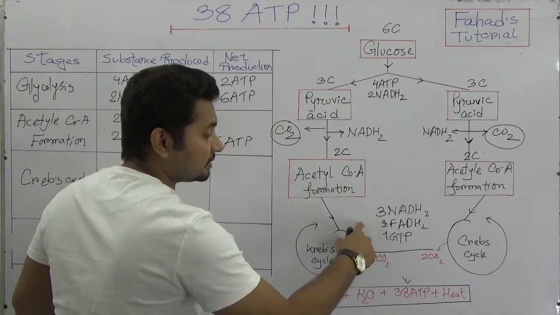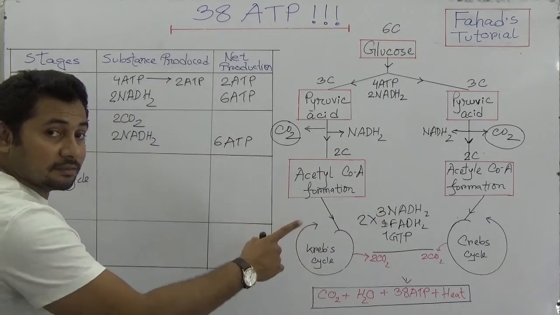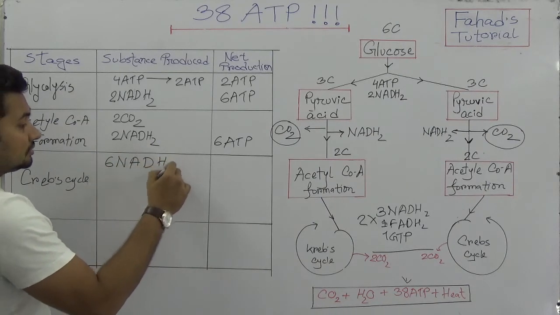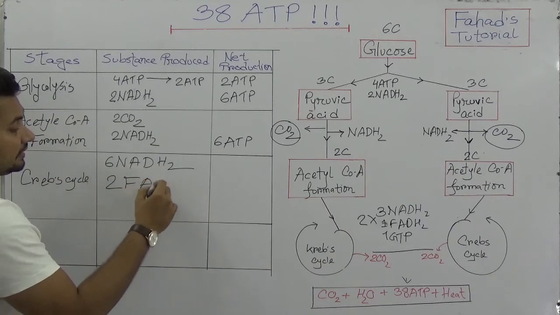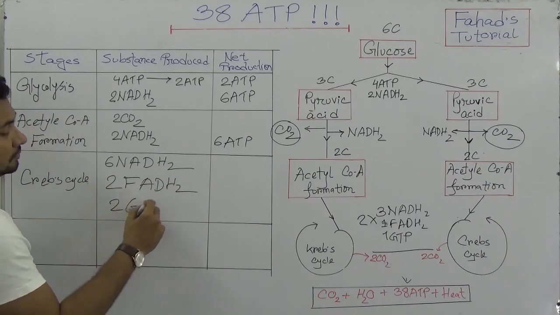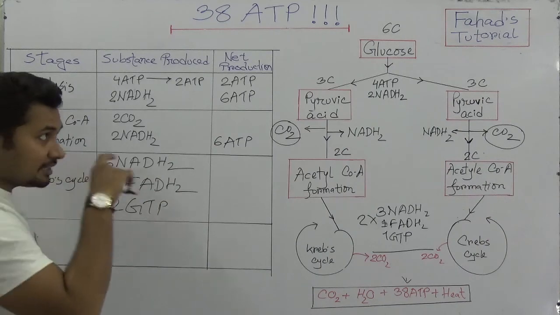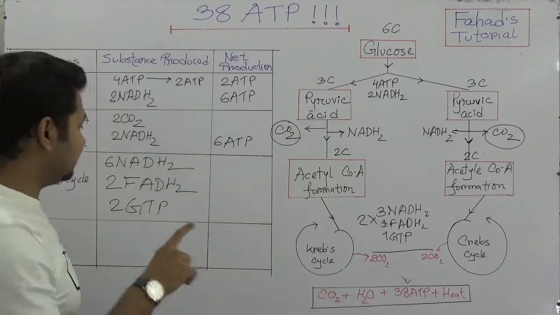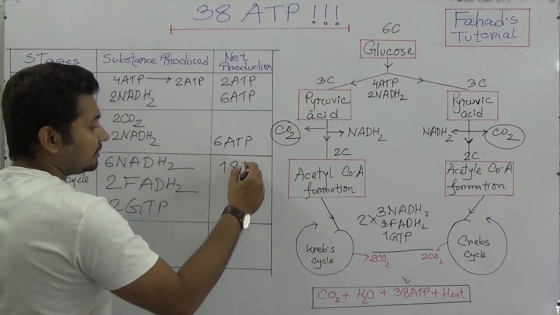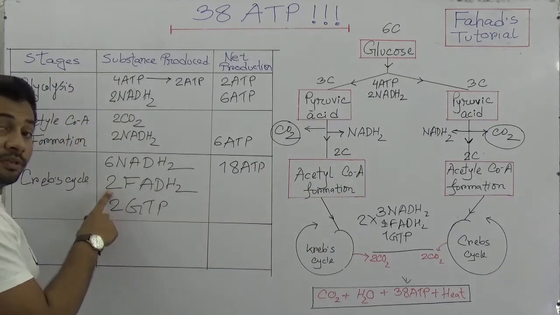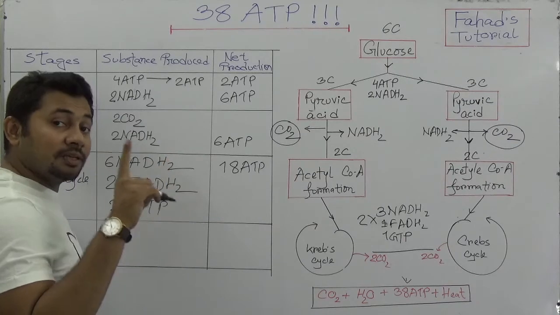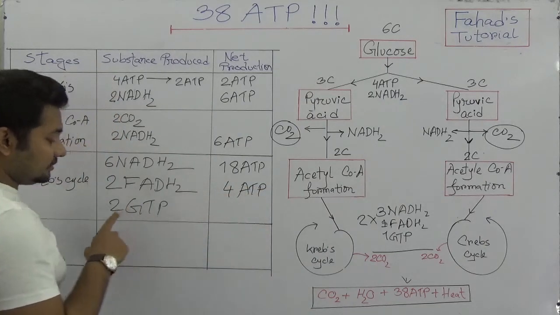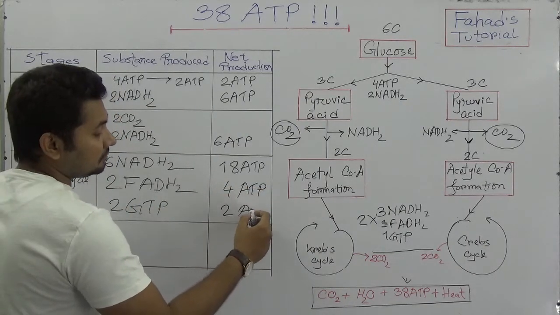As this production is from two sides, altogether 6 NADH2, 2 FADH2 and 2 GTP will be produced. So ultimately, for the net production, as we know that 1 NADH2 is equal to 3 ATP, it will be total 18 ATP. And then 2 FADH2, as 1 FADH2 is equal to 2 ATP, will be 4 ATP. And in case of GTP, 2 GTP will be 2 ATP.